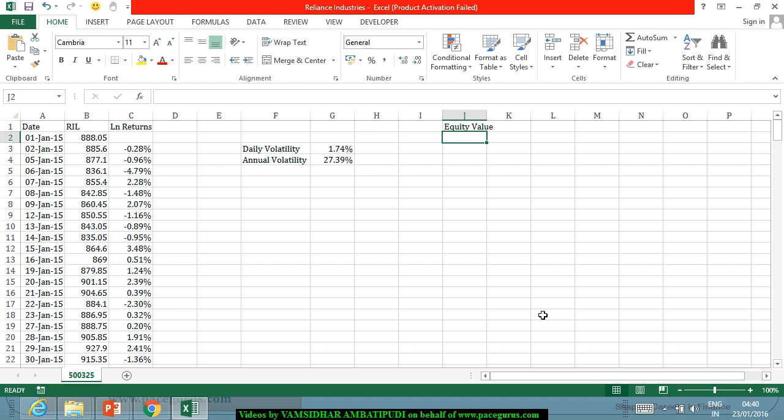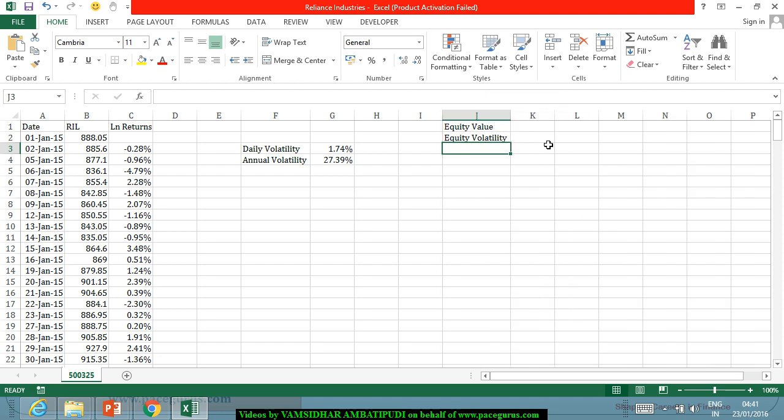Then the equity volatility, so I get equity value E_t and equity volatility at time t, and I pick up this number. Then liabilities, which we get from the latest balance sheet.